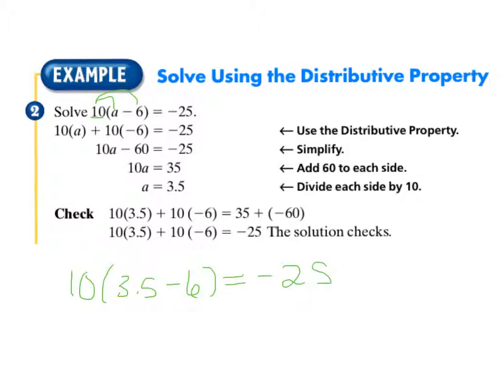If I replace the a with 3.5, I would have 10 times (3.5 - 6) equals negative 25. Then if I did the subtraction, I would have 10 times negative 2.5 equals negative 25. And 10 times negative 2.5 gets me negative 25 equals negative 25. So again, my solution checks.